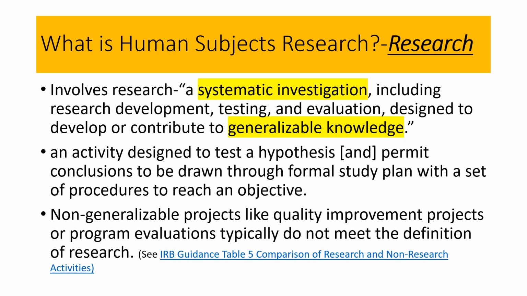It must also be designed to test a hypothesis and use a formal study plan and set of procedures to reach the objective of drawing a conclusion based on that hypothesis. This is your research plan. The application forms and protocols you fill out will ask for this information. The IRB reviewers need these clearly written out so that we can make our determination or approval.